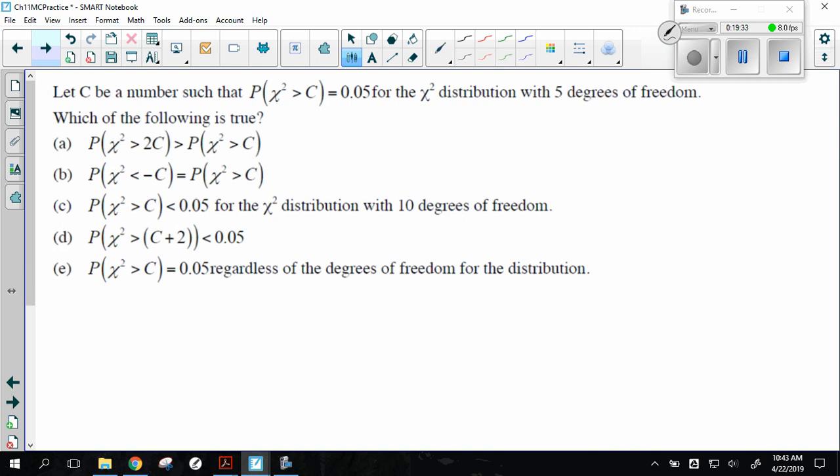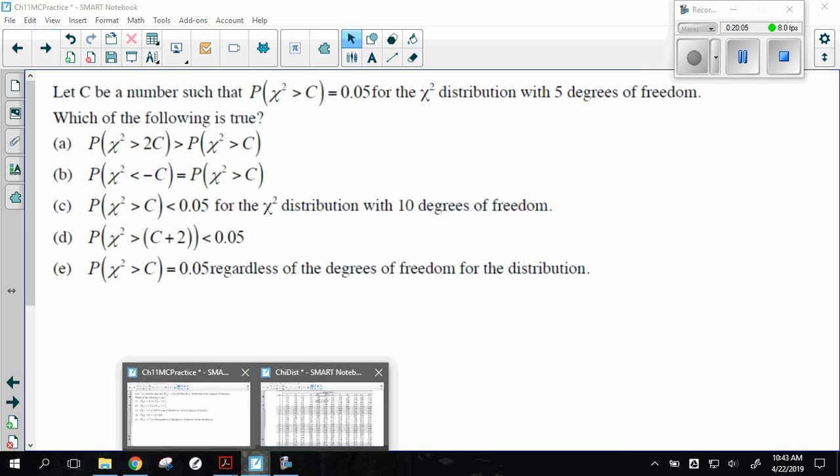All right, and so is this one. For this one, I'm just going to pick a value of our chi-square and then see what's true. Let's look at our 5 degrees of freedom problem for our chi-square statistic. There might be an easier way to do it, but this is the way I was thinking of doing it.